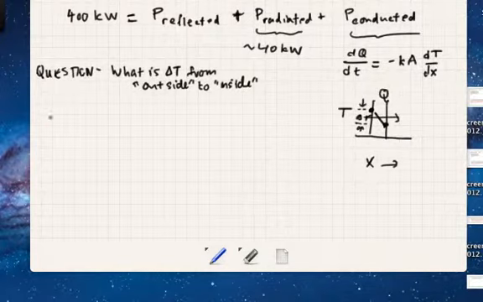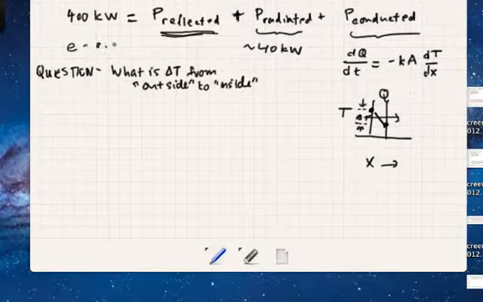So we take this equation. We're going to have to back calculate this. For the reflected value, since the emissivity is 0.9, let's presume the leftover 0.1 is what is reflected. So this is 0.1 times the total 400 kilowatts. Now notice this is one significant figure.